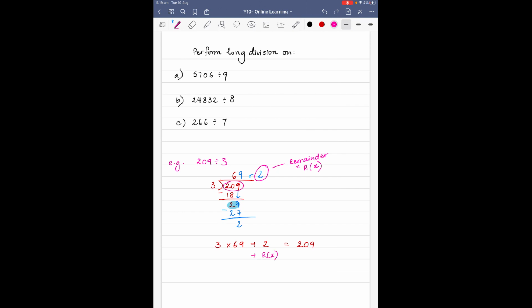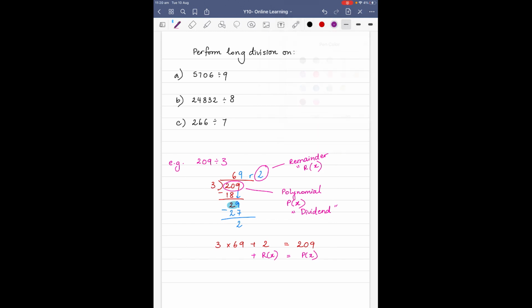This is technically your polynomial. We know polynomial is Px. So 209 is Px. Another name that we would call this is the dividend, because this is the number that's getting divided.